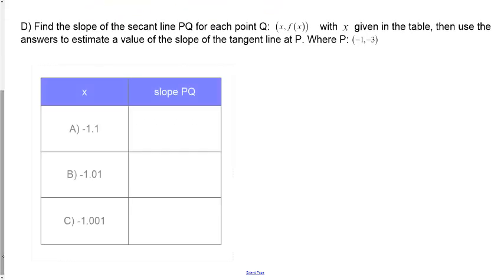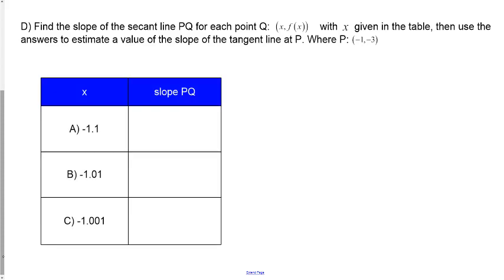All right, so point P has the coordinates -1, -3. So this is still on my graph of f of x equals 2x squared minus 5.